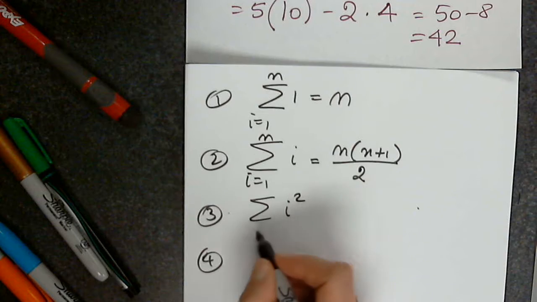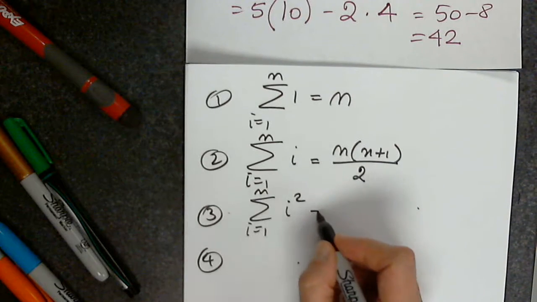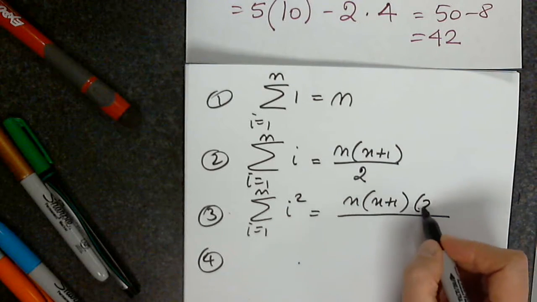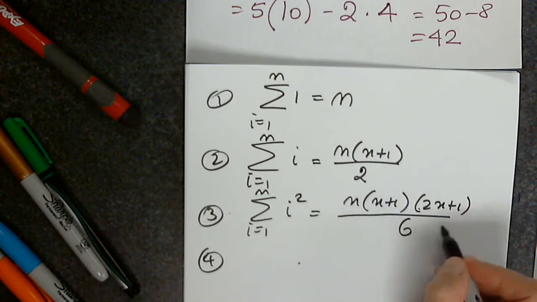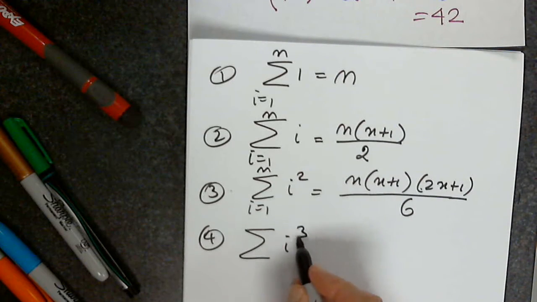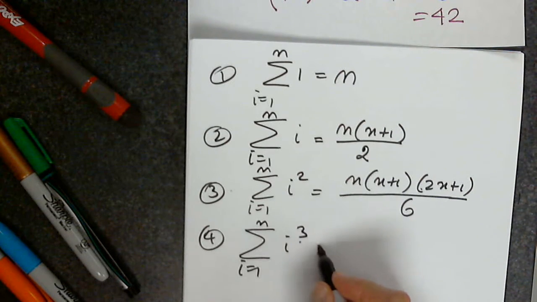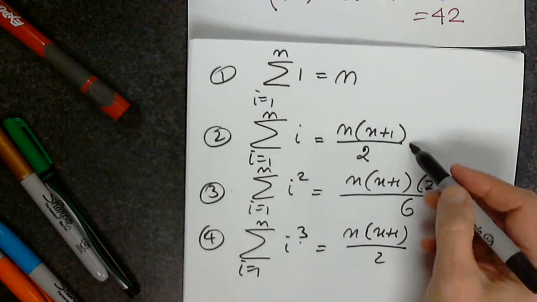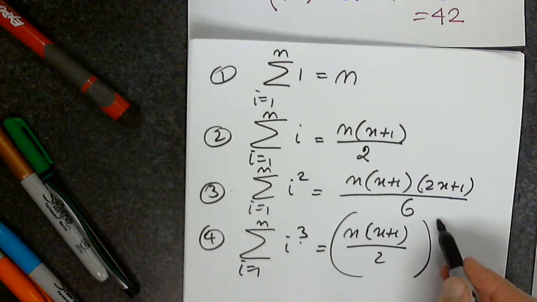The sum of i squared from i equals 1 through n is n plus 1, 2n plus 1 over 6. And the last one, the sum of i cubed, i equals 1 through n, is n plus 1 divided by 2, like this one, but everything squared.